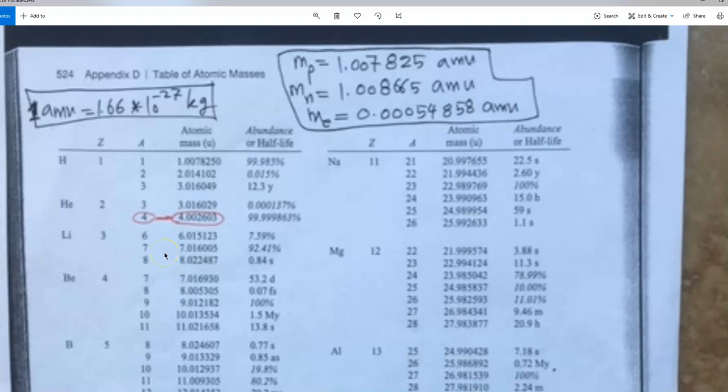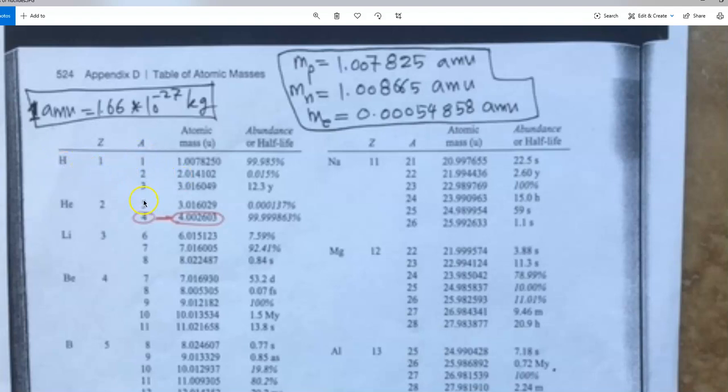A lot of the isotopes, not all of them, are unstable, so radioactive. Then the last column here is the abundance or the half-life. The abundance means, for example, let's look at hydrogen.